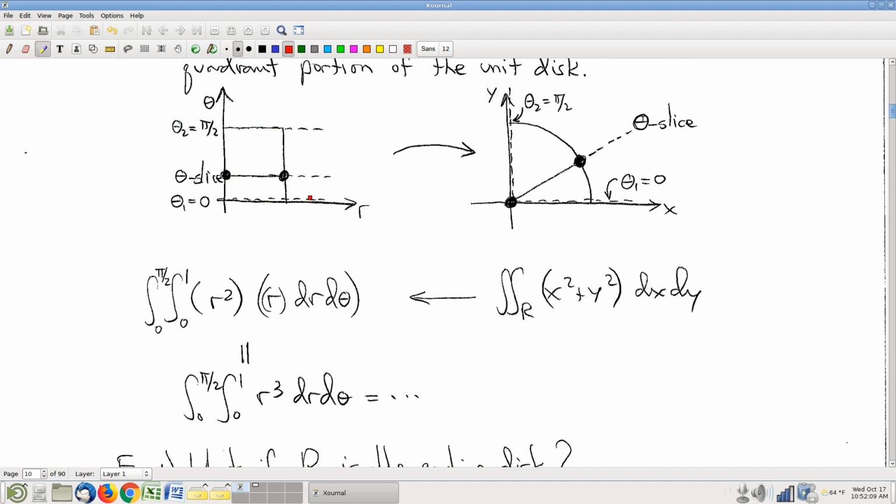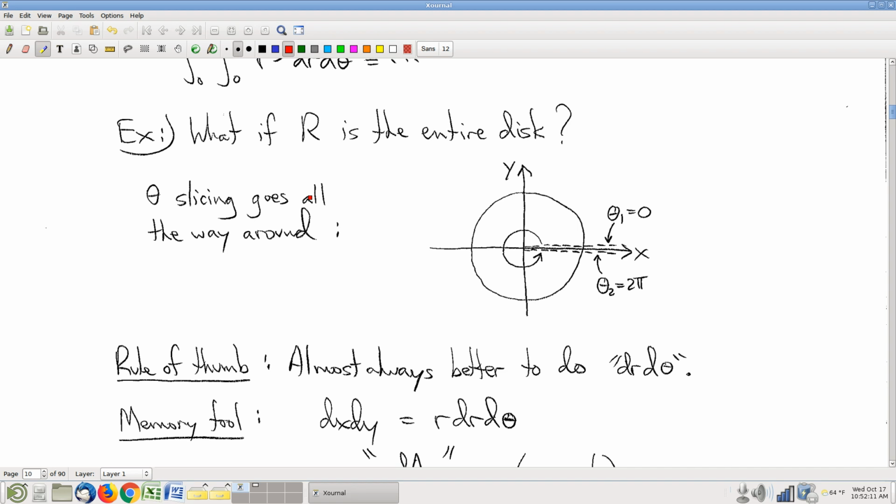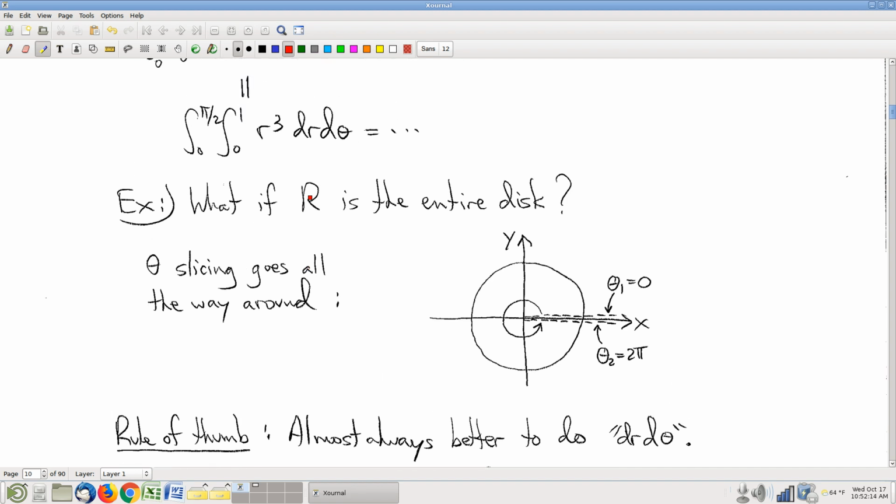Okay. Let's see here. Here is another example. Suppose your domain is this entire disk. What's the slicing process there? There is this temptation to say that as theta increases, it just never stops. Theta just keeps going around and around. I never get to the end, right?